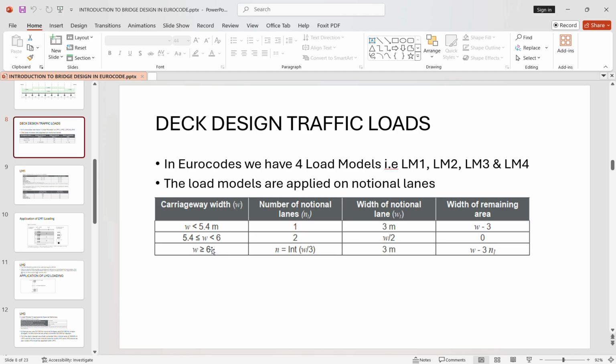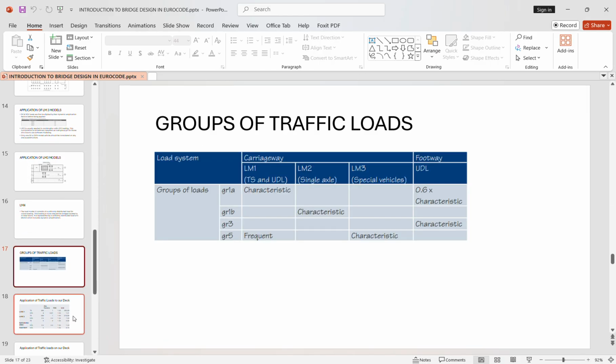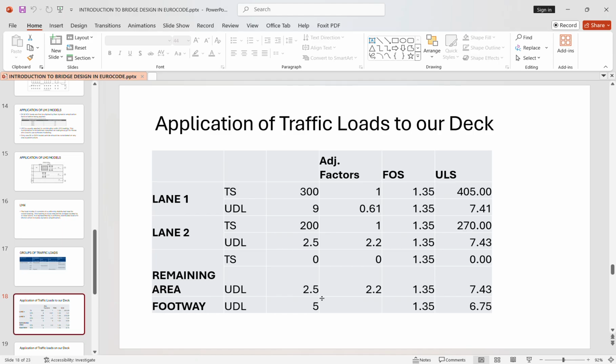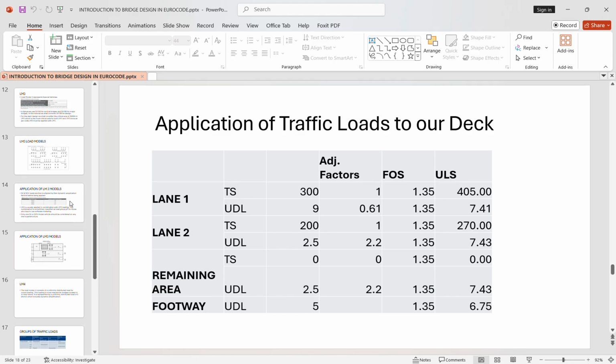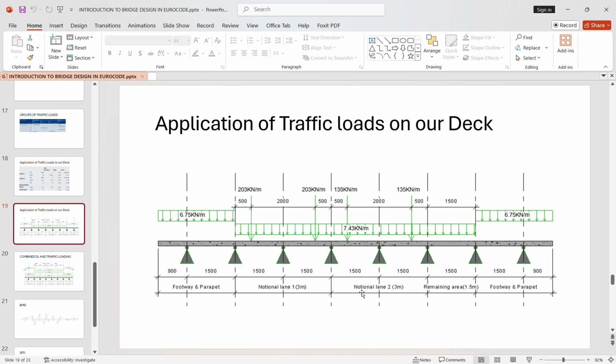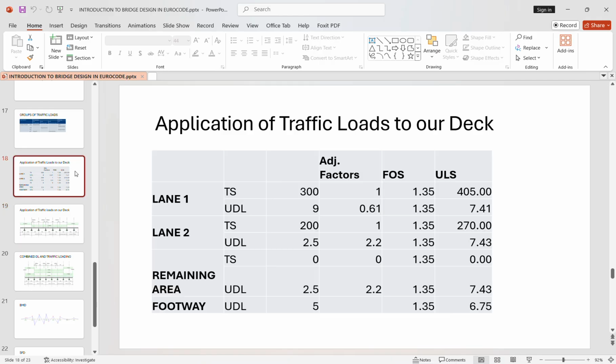This is where our deck falls. The number of national lanes shall be our carriageway width divided by 3, which we shall find is 2, with the remaining area. The remaining area shall be around 1.5 meters. That is how I have represented it here.